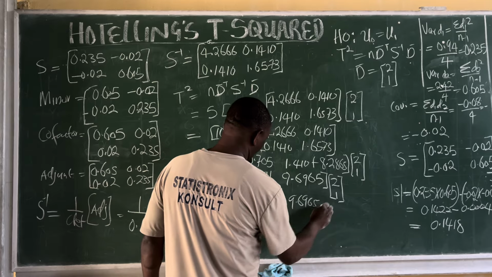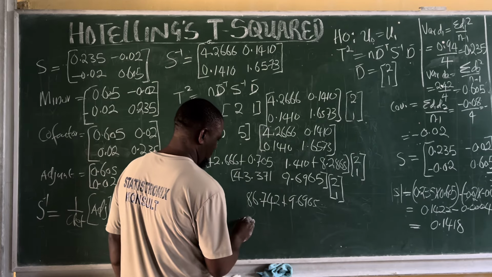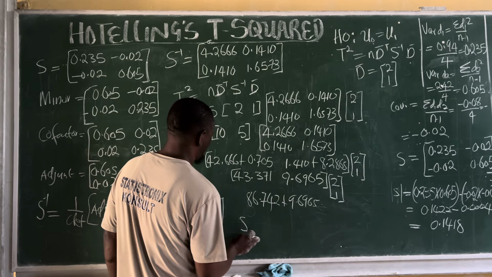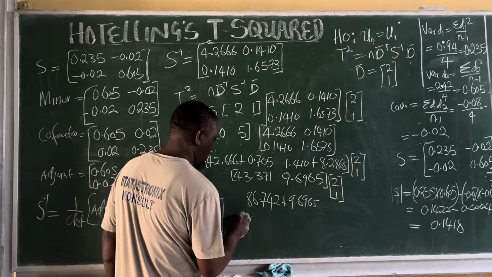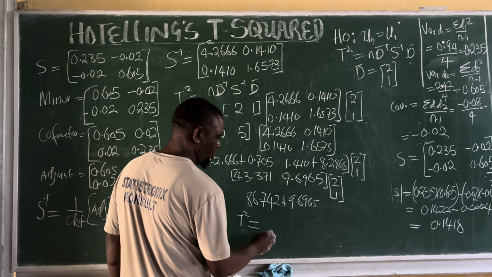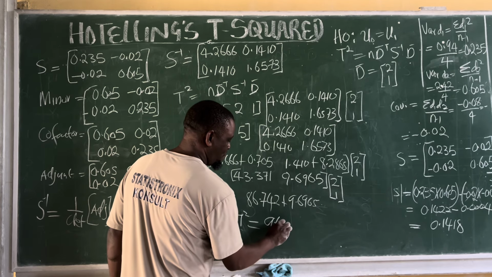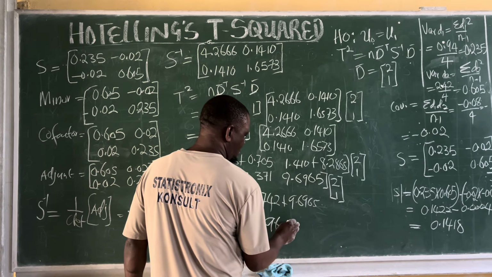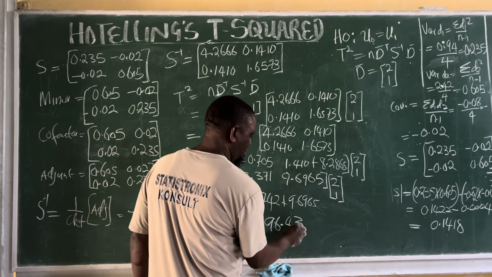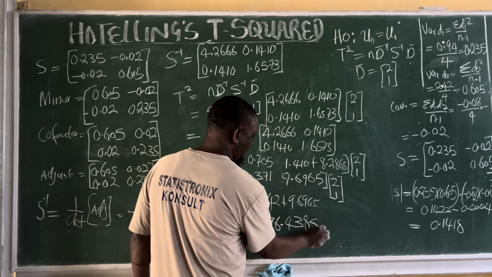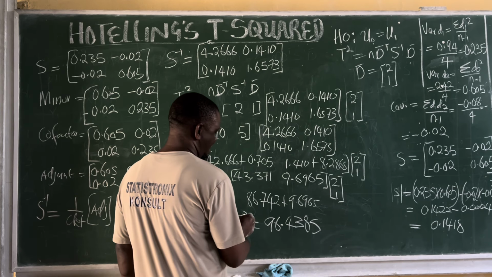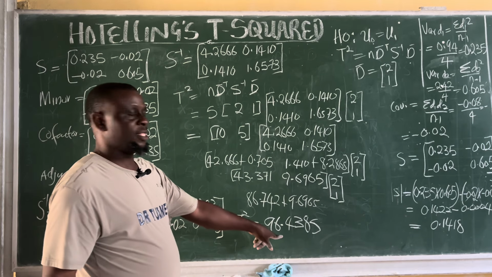And that will be equal to, so that our T square is equal to 96.4385.